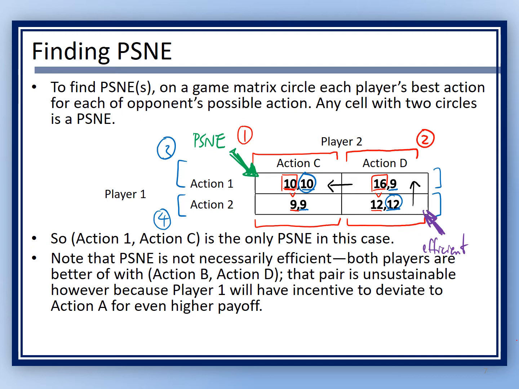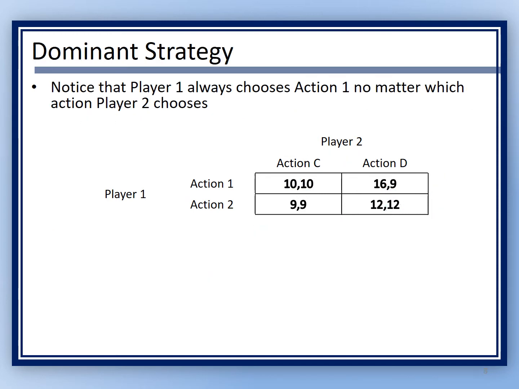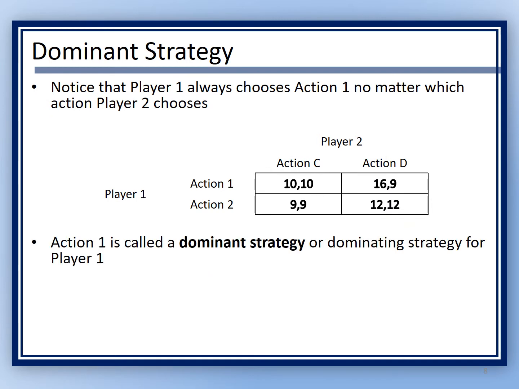He never uses action 2. And this is called a dominant strategy. Using action 1 is called a dominant strategy or dominating strategy. And you do that because it's always better, right? 10 is strictly better than 9, and 16 is strictly better than 12. So it's always better, never use something else.